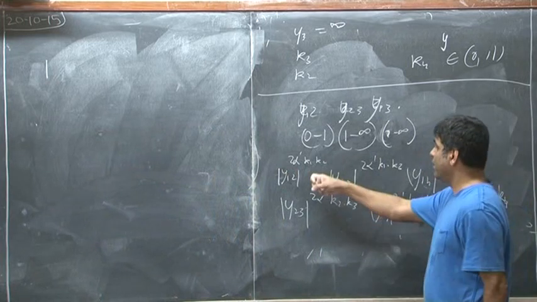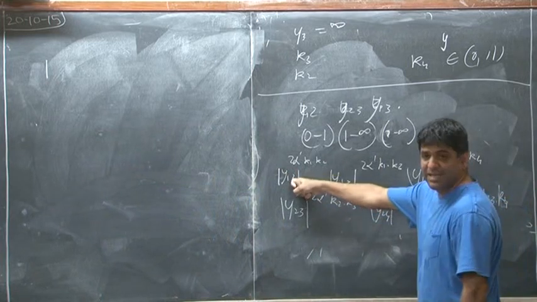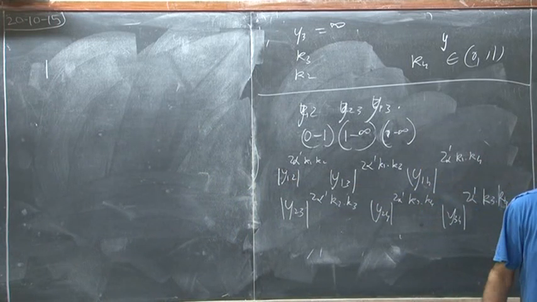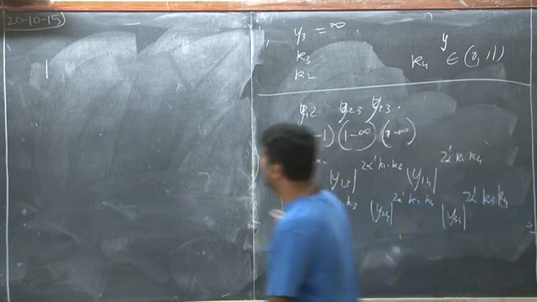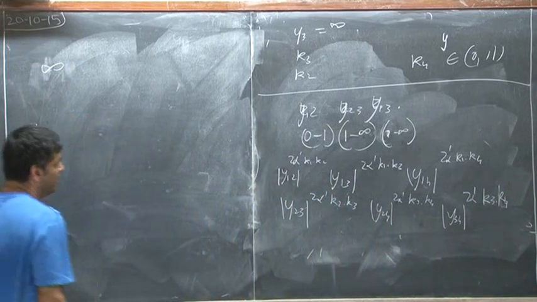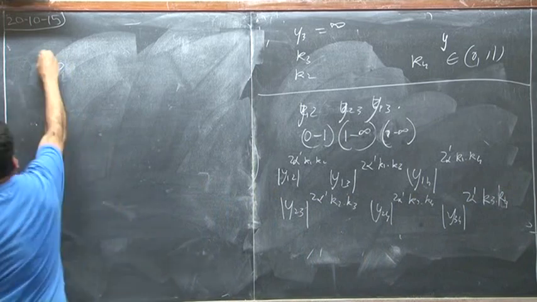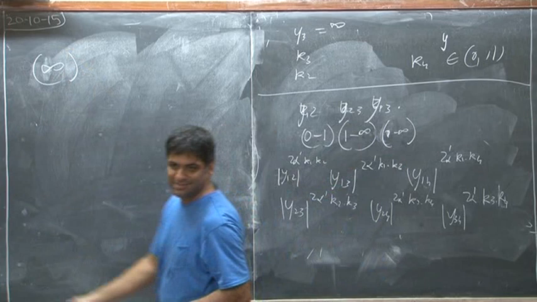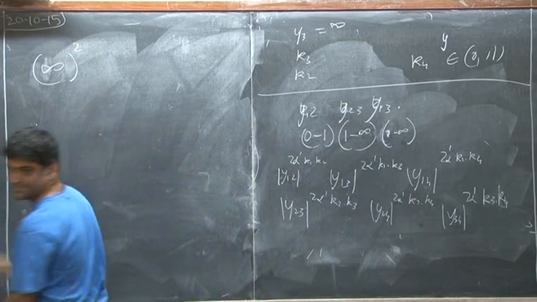Okay, so now let's look at which guys will involve infinity. It's the guy with the three fingers. All of them will be infinity. So we get infinity to the power 2, which didn't matter whether it was plus or minus.